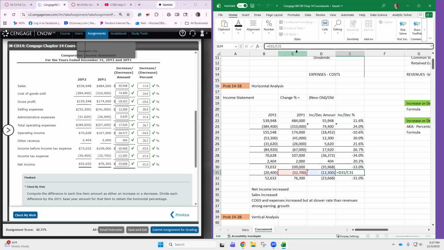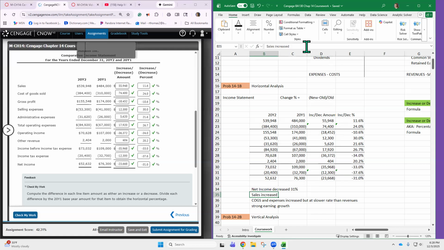So the question is, all right, what has happened? What has happened is our net income has decreased. So I'm putting that down. Net income has decreased by 31%. What?